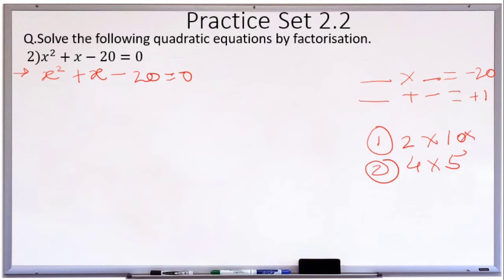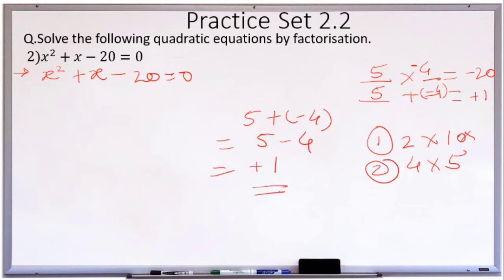So this is gone. Then second, 4 and 5. Let's try. First, 5 into 4 is 20, but we want minus 20, so we take 5 into minus 4, and 5 plus minus 4 is equal to 5 minus 4, and 5 minus 4 is equal to 1, that is plus 1.